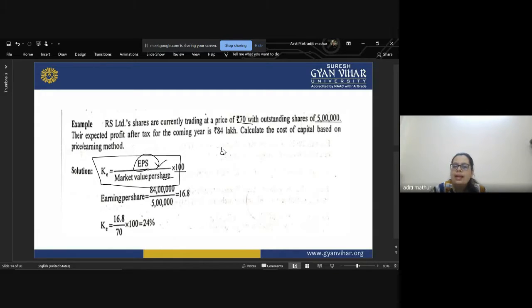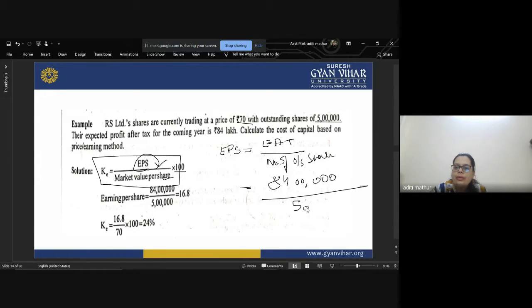So let us first write the EPS formula, which is equal to earnings after tax divided by number of outstanding shares, which is equal to 84 lakhs divided by 5 lakh. So your EPS will be equal to 16.8.